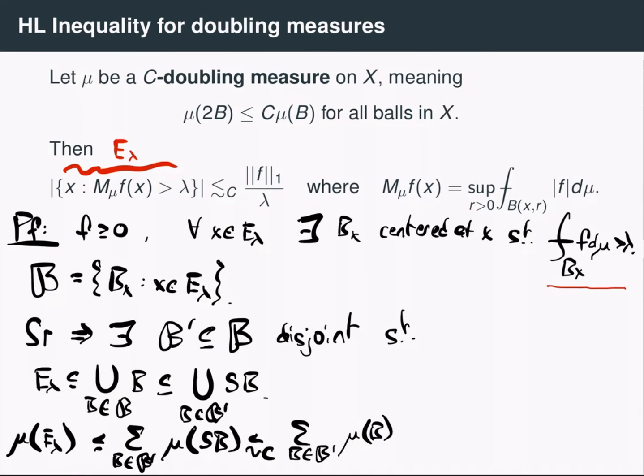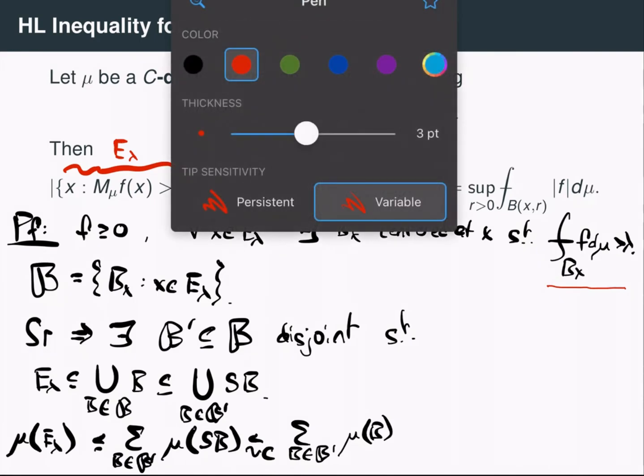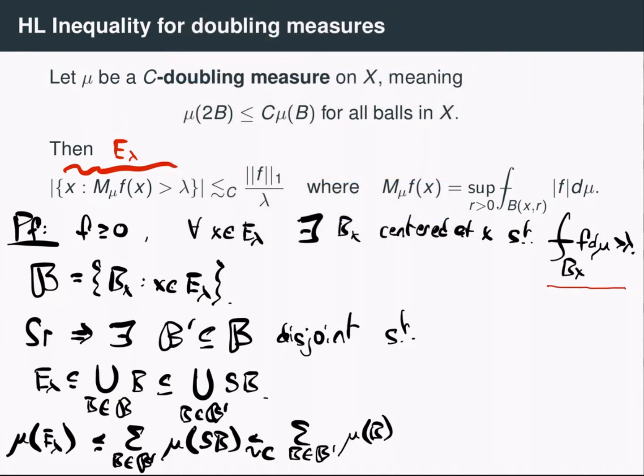So if I multiply both sides of this inequality by the measure of B and divide both sides by lambda, I get that the measure of B is at most lambda to the minus 1 times the integral over B of f.